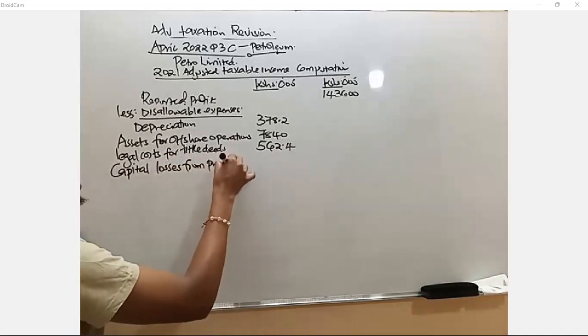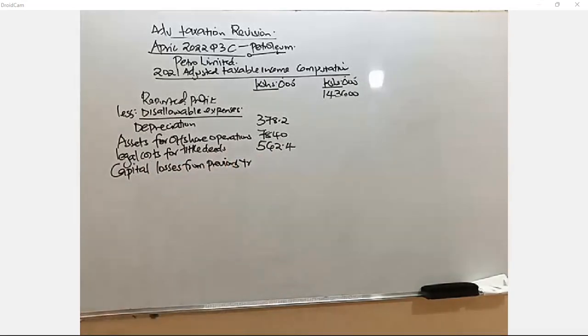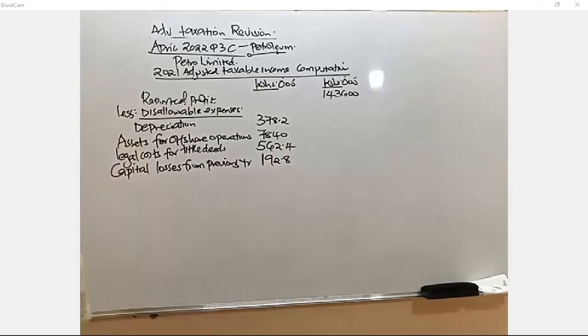The capital losses from previous year will be around 192.8. Then we have memorandum of understanding credits.